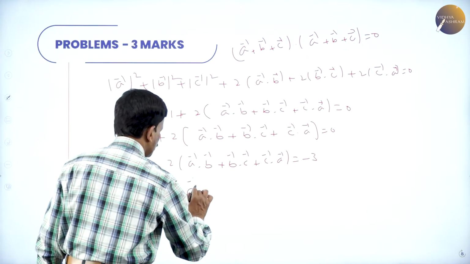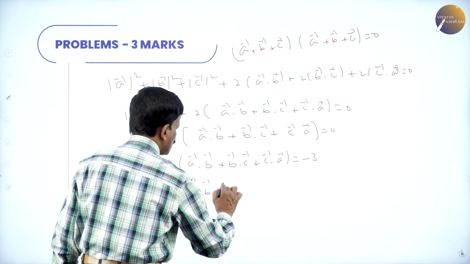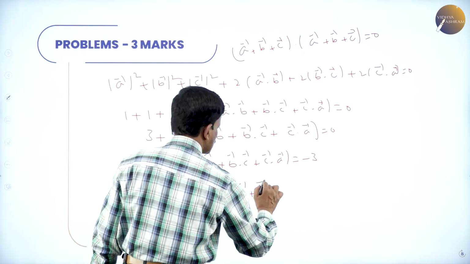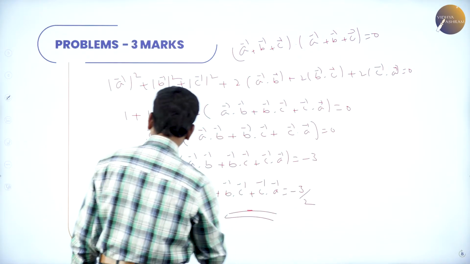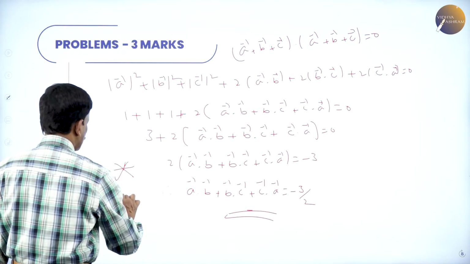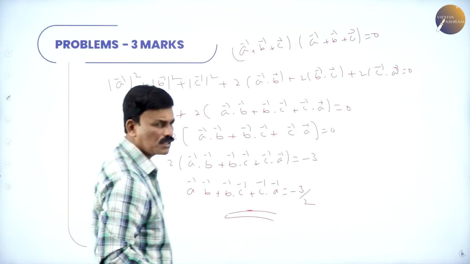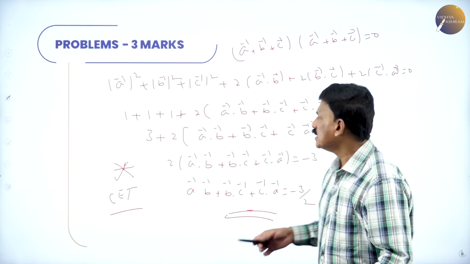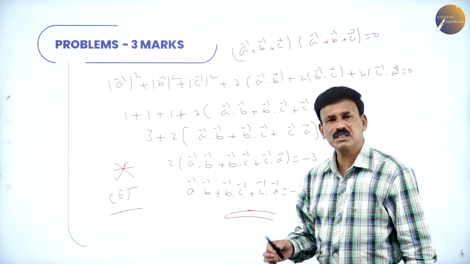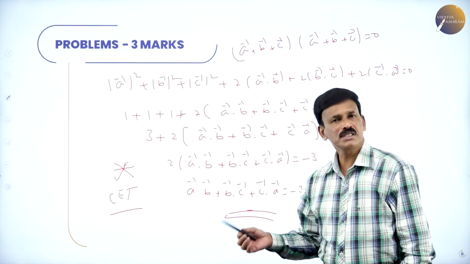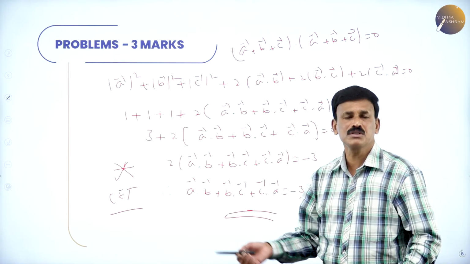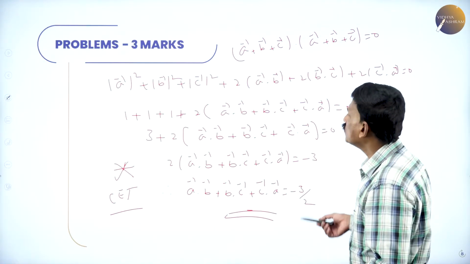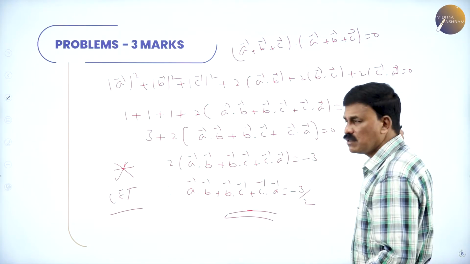So therefore the required answer A dot B plus B dot C plus C dot A is equal to minus 3 by 2. Very, very important. Even this is important for a CET examination also. So since A, B, C are unit vectors, if A plus B plus C is equal to 0, then A dot B plus B dot C plus C dot A is always equal to minus 3 by 2, a standard answer.